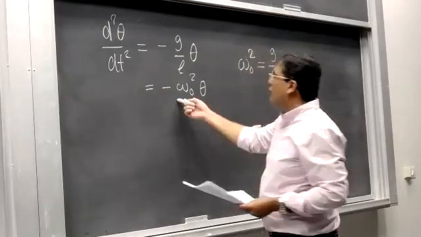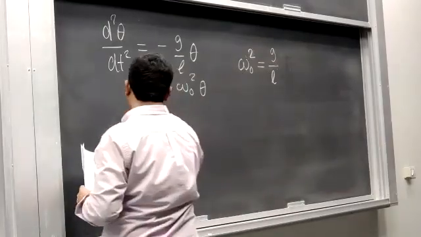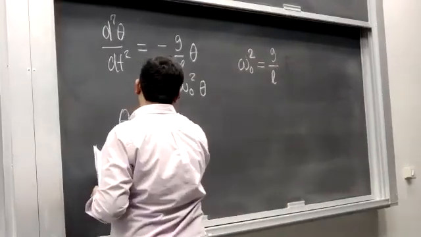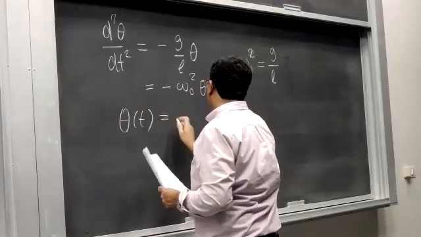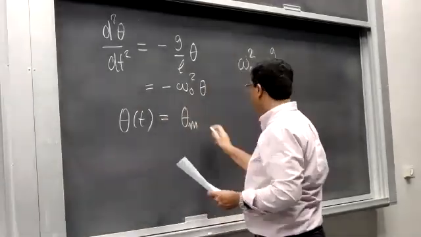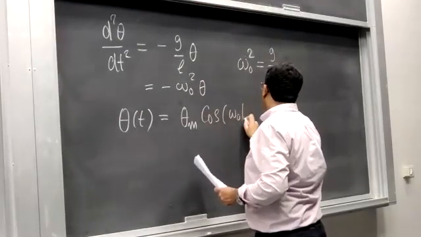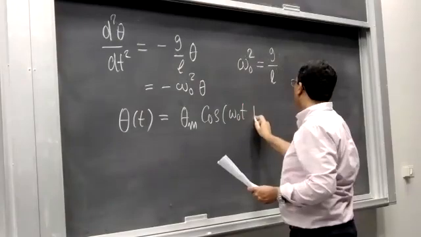If you solve this for theta, you will get a solution that looks like this: theta as a function of time equals theta max cosine of omega naught t plus phi.